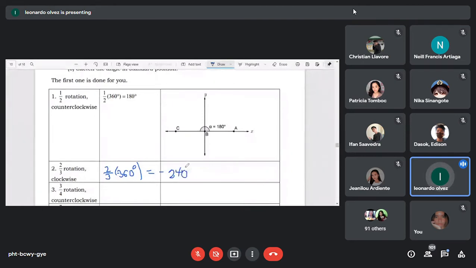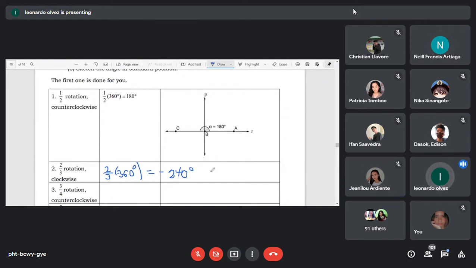Where is the terminal side of negative 240 degrees? In which quadrant is the terminal side of negative 240 degrees?